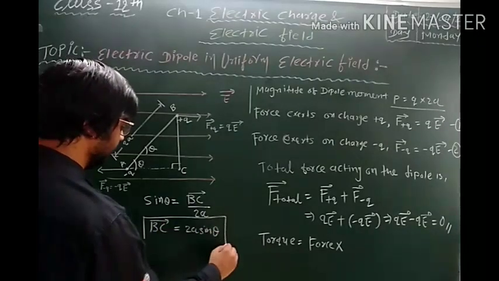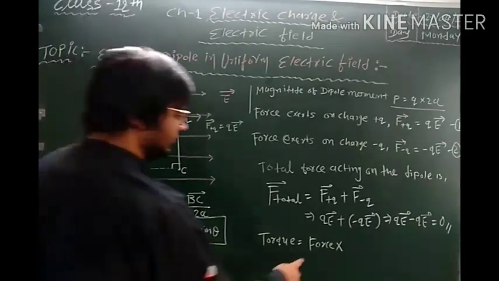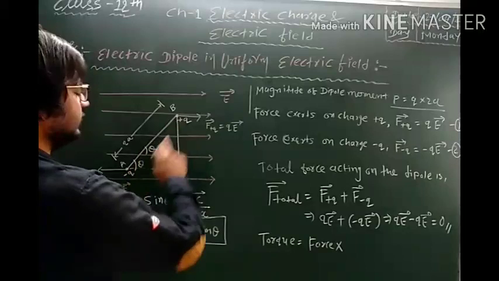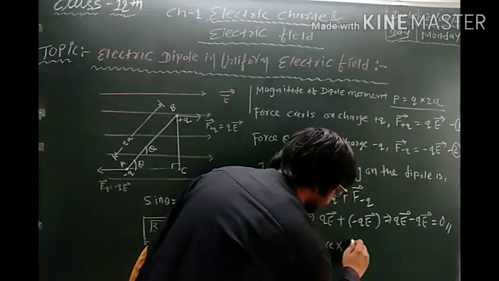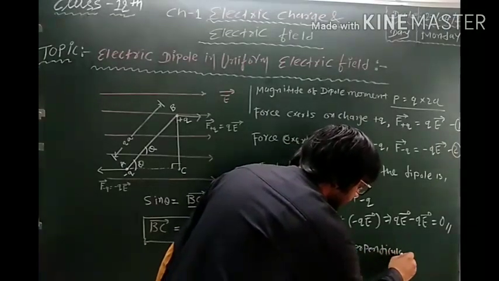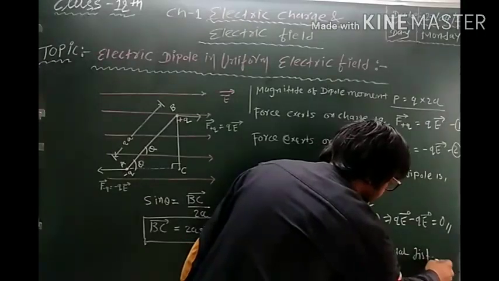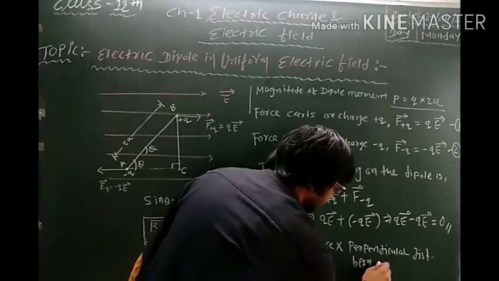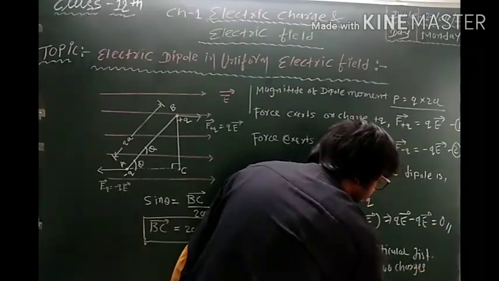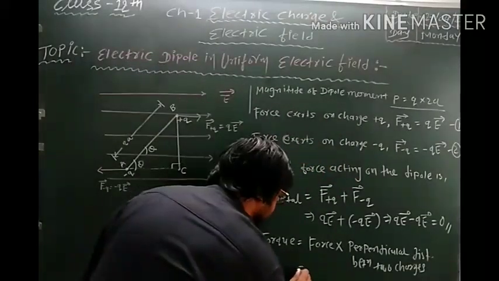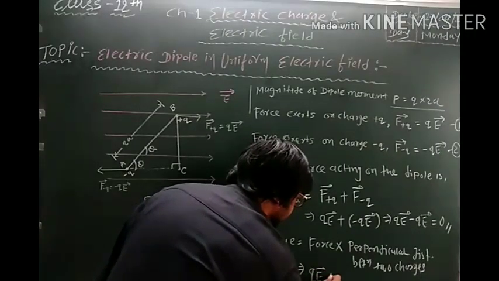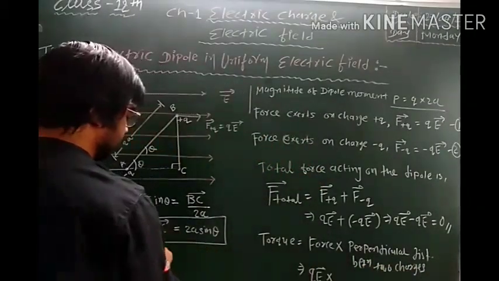Now force multiplied by the perpendicular distance between the two charges: the force is QE because of the electric field, and the perpendicular distance between the two charges is BC.